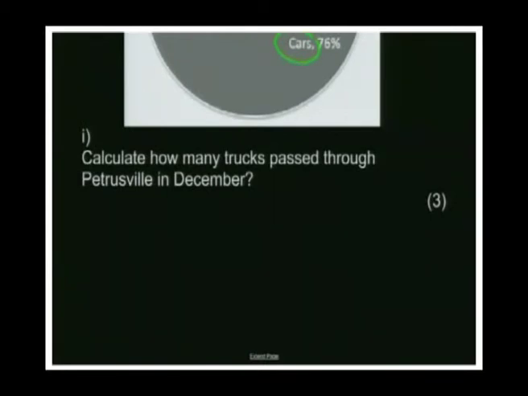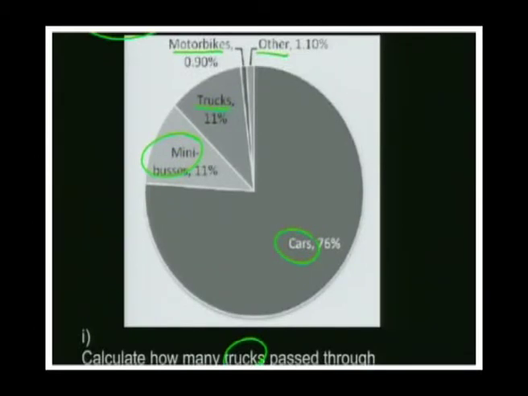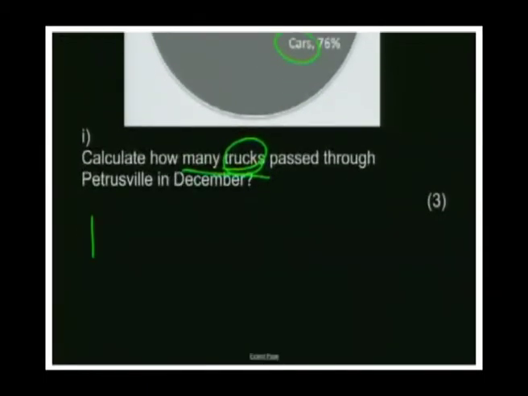Calculate how many trucks passed through Pietersville in December. Now we're going to have to look at two pieces of information from what we've been given. First of all, we want to look at the percentage of trucks that we get, and we see from our pie chart that 11% of the total vehicles that pass through are trucks. So that's our first piece of information, 11%.